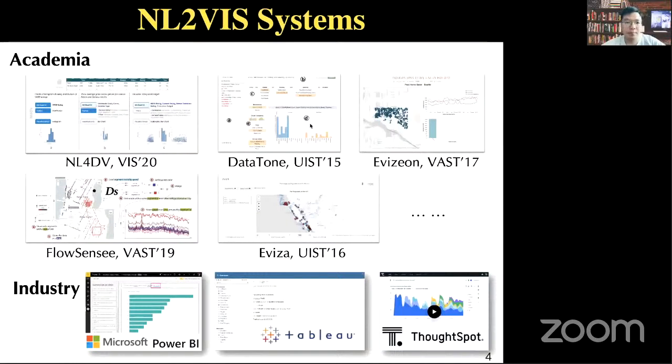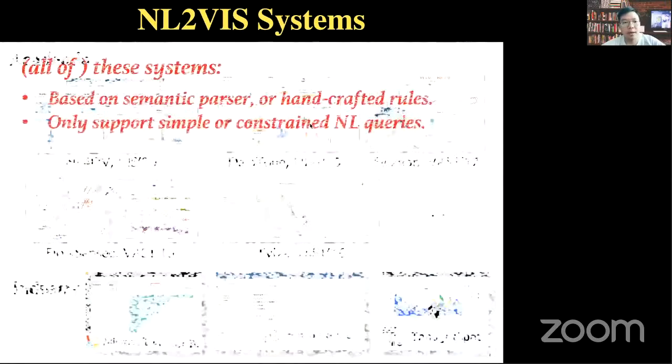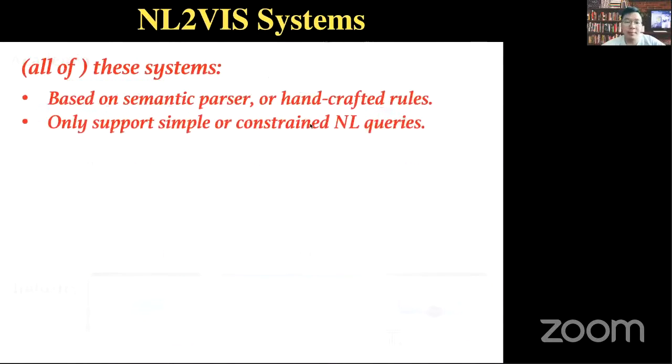Recently, both commercial vendors and academics are starting to explore NL2VIS systems, for example, NL4DV from VIS 2020 and Tableau and Power BI. However, most of these systems are mainly based on semantic parsers or handcrafted rules, and only support simple or constrained NL queries.